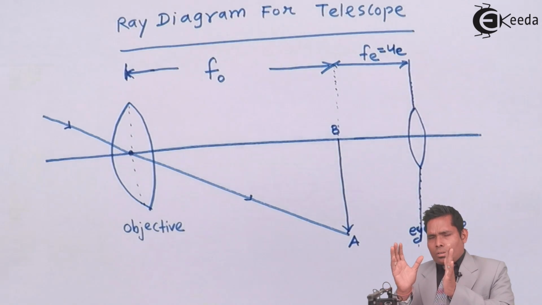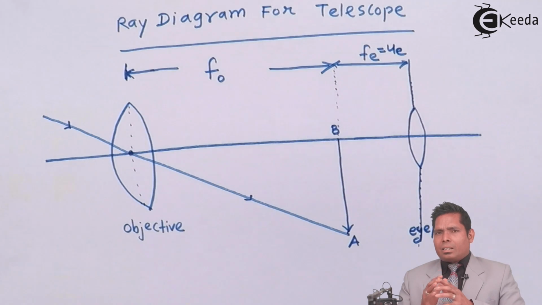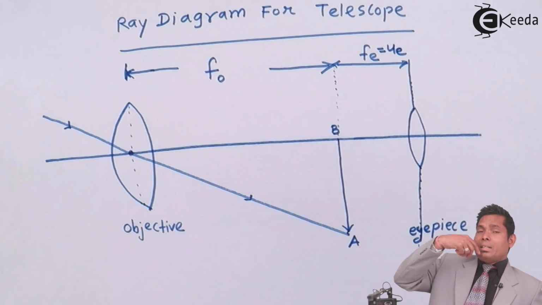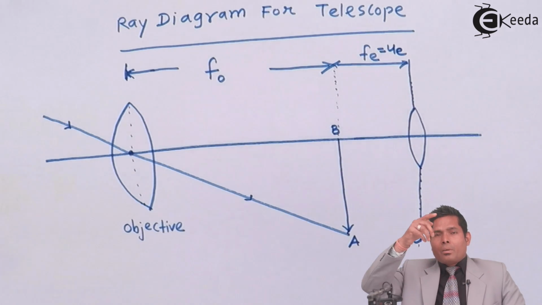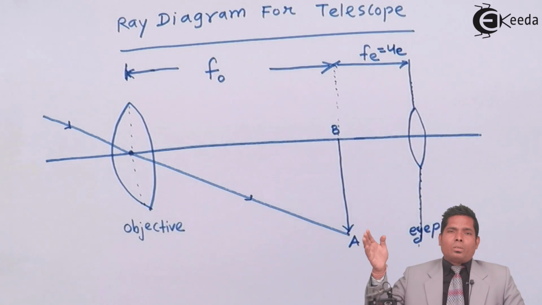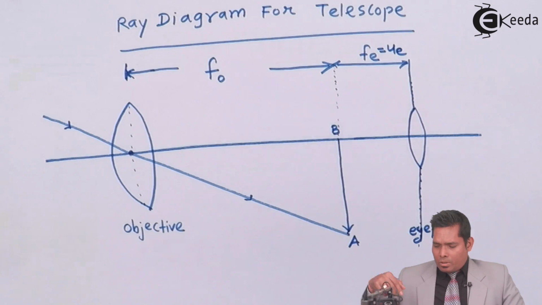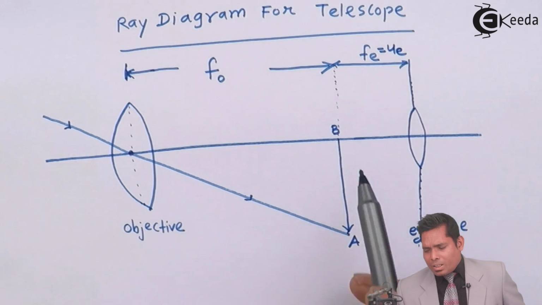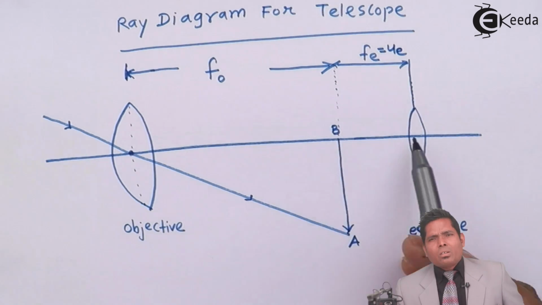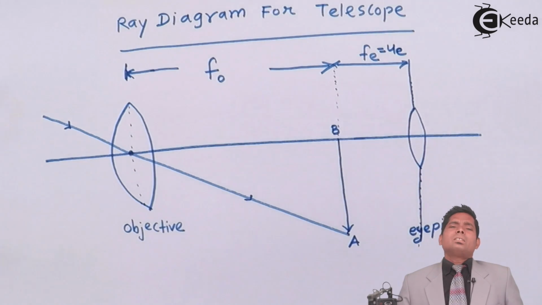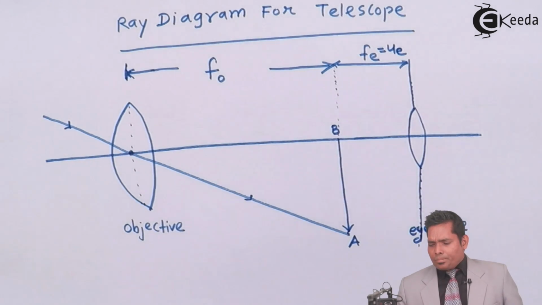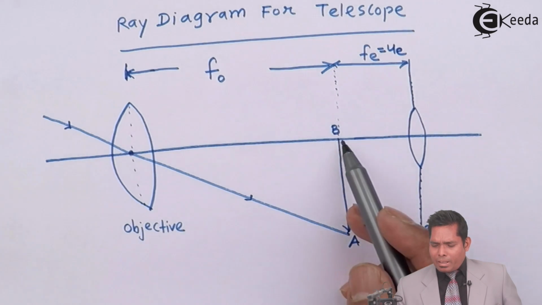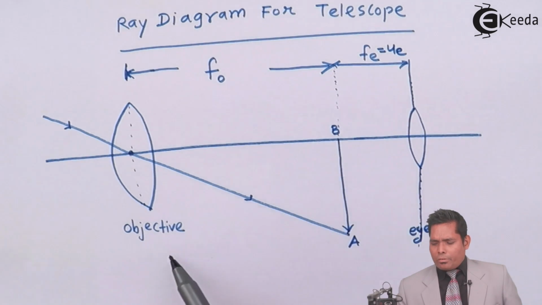Okay, so therefore this special case is that the image formed by the objective is at a focal length of the eyepiece. In that case, if the object is placed at a focal length of any convex lens, its image is formed at infinity. But here that will be formed at infinity, so this ray will go up to infinity.